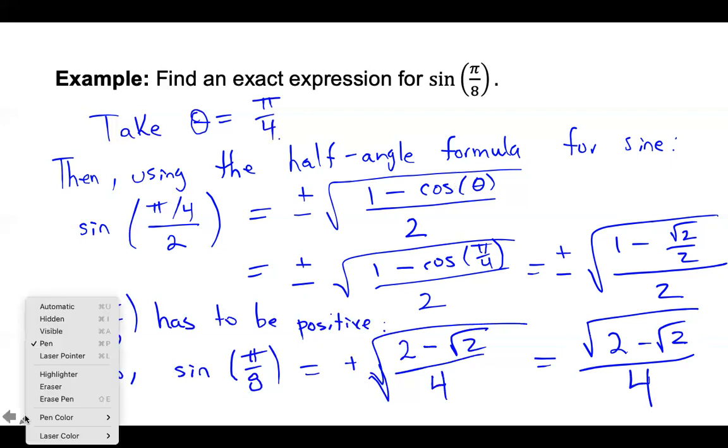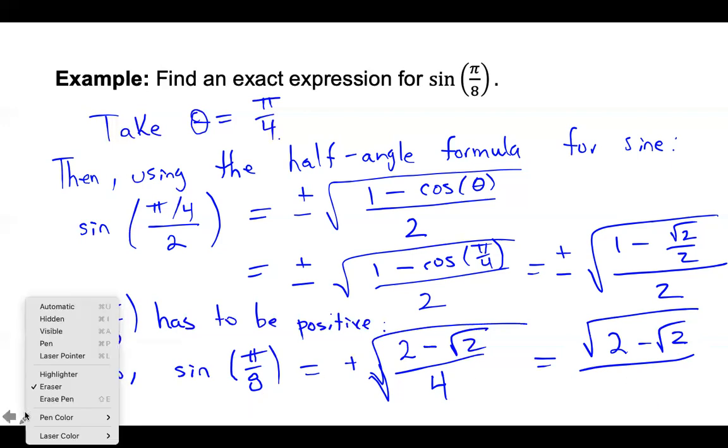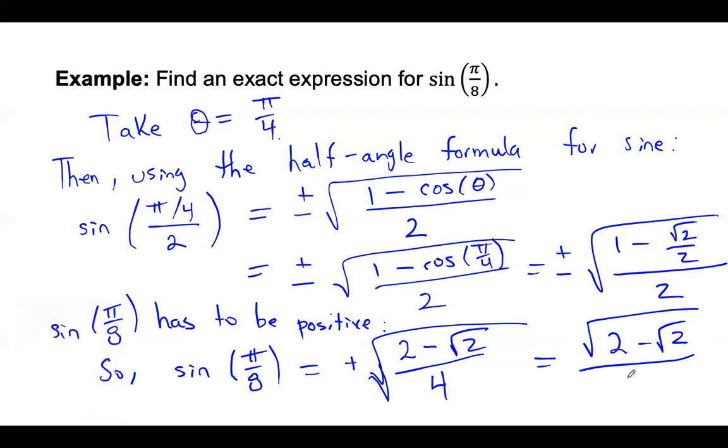Because you take the square root of 4, which is 2, and then the square root of the top just moves over. That should make sense. I'll try to write this a little nicer.